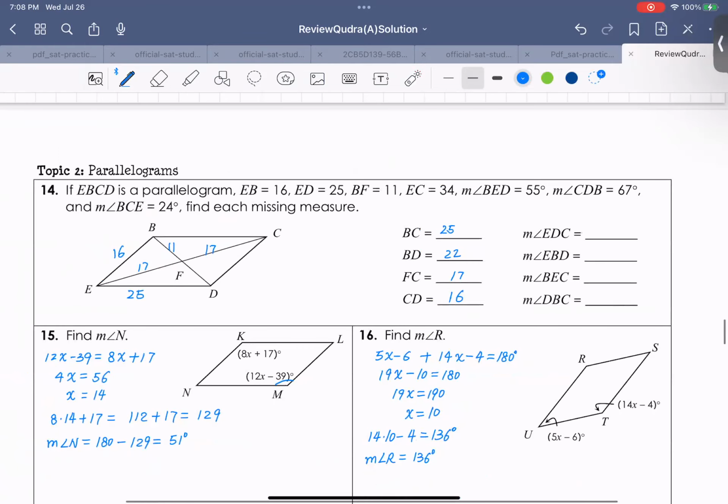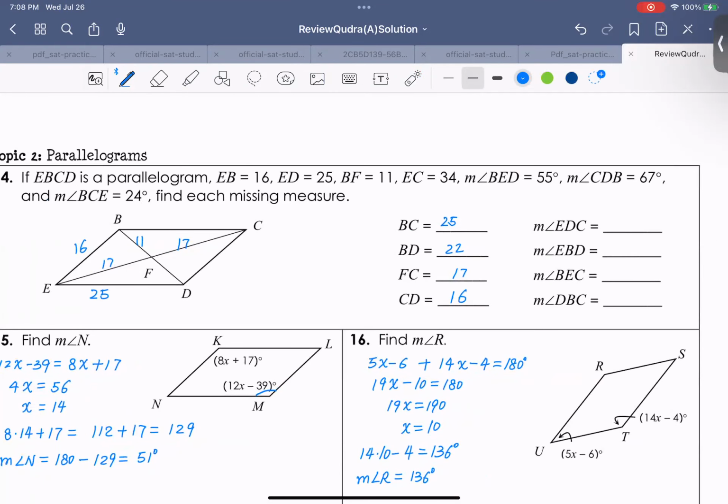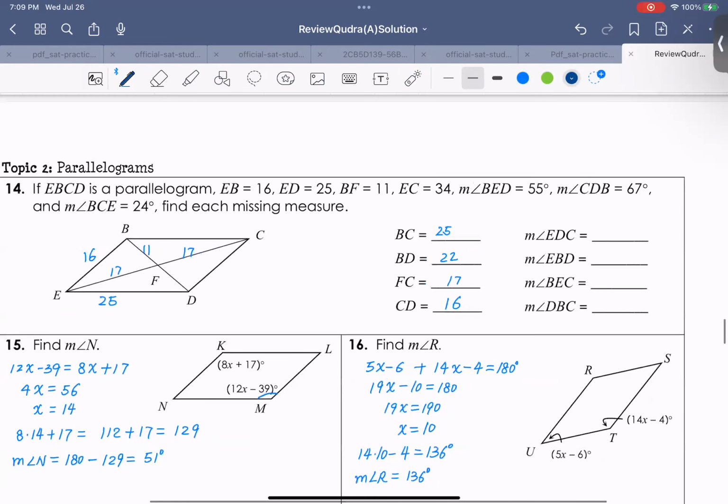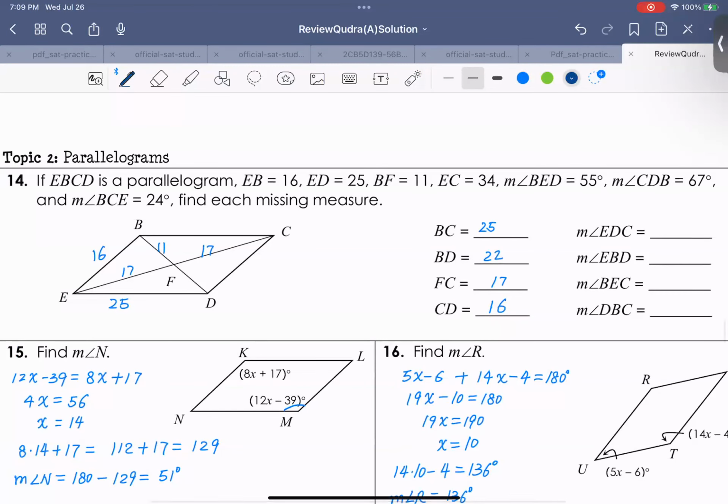Now let's figure out the angle BED. The EDC on BED here is 55. The whole thing, this is 55. You want to get EDC. EDC will be how much?